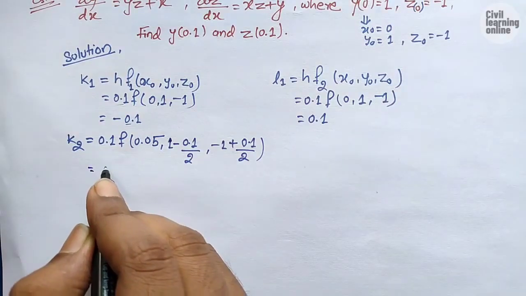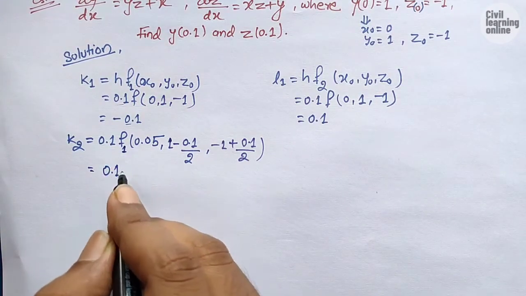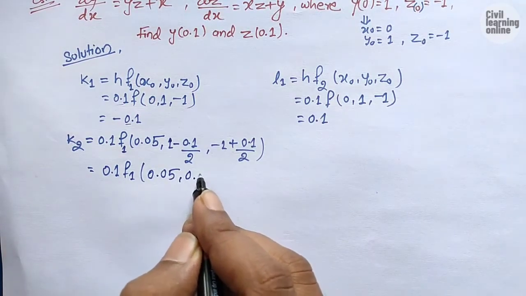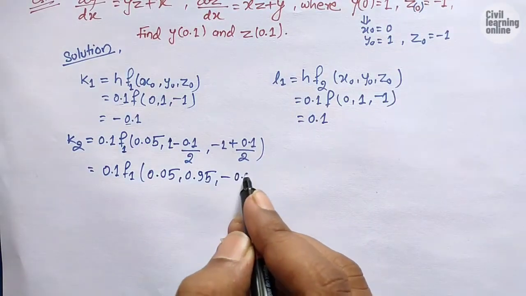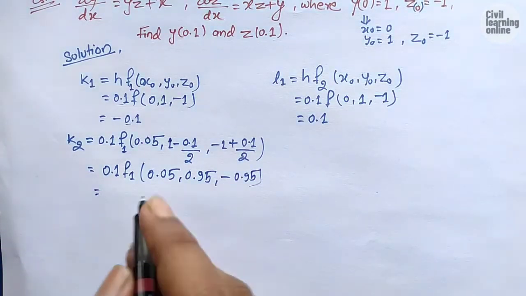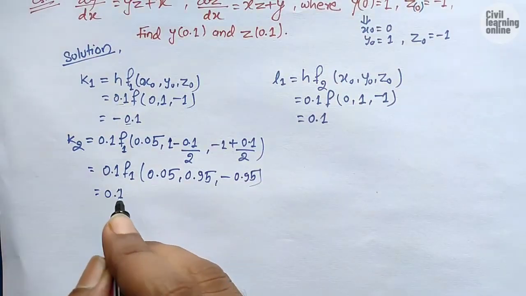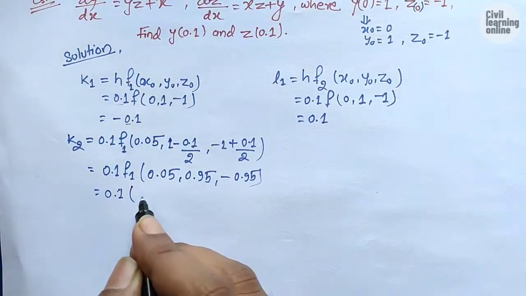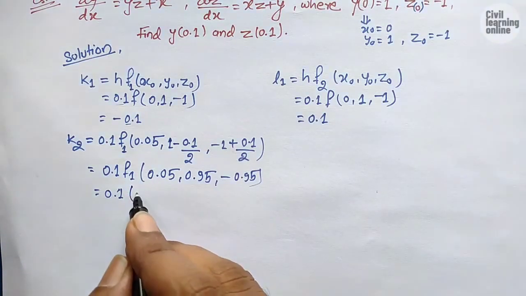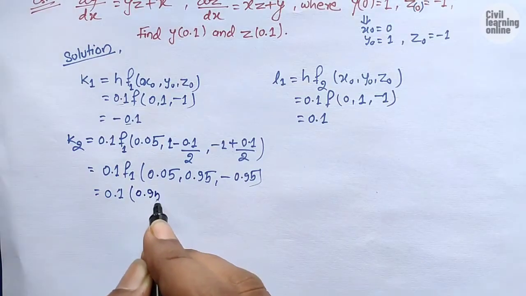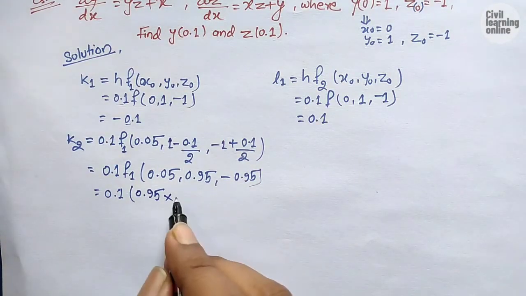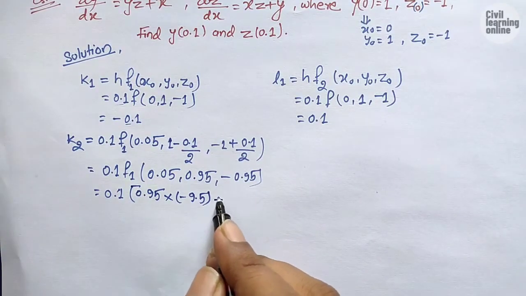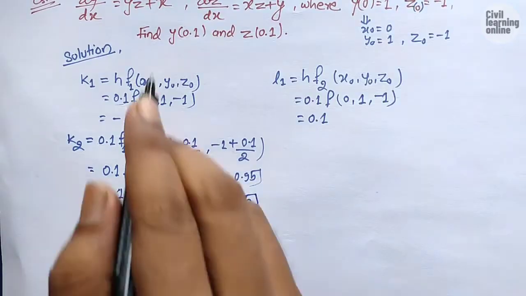On solving this we will get 0.1 f1(0.05, 0.95, minus 0.95), and on solving this we will get 0.1 times the value of y, which is 0.95, times z, the value of z is minus 0.95, and plus 0.05 is the value of x here.